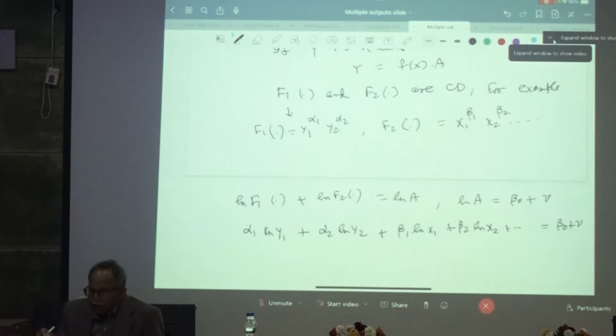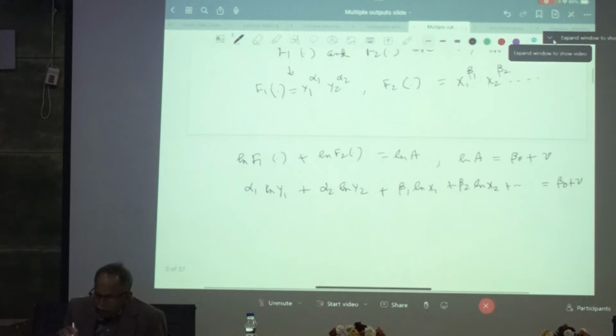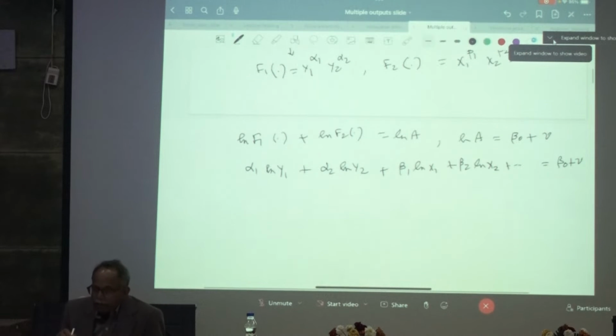Okay. Now when you write it out, it's clear that again you cannot identify all the parameters.